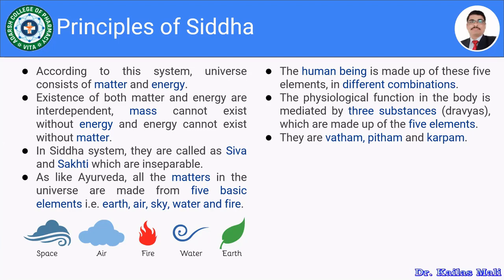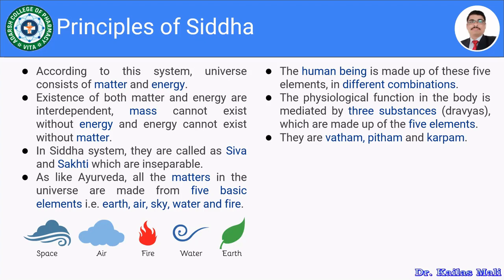As in Ayurveda, all matter in the universe is made up of the five basic elements: space, air, fire, water, and earth. The human being is made up of these five elements in different combinations.